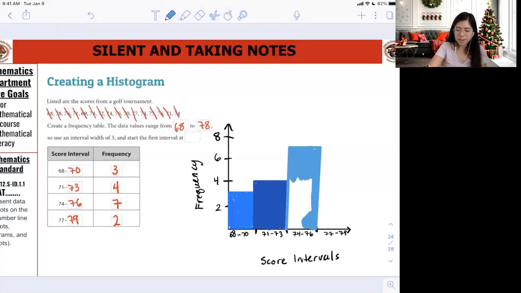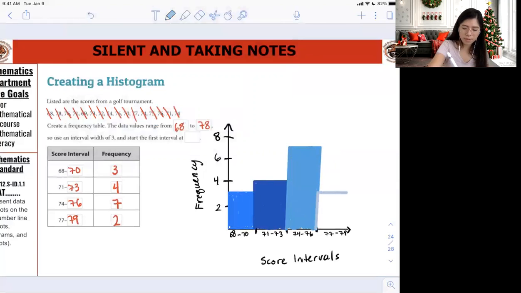You would basically already have everything for you, and all you have to do is drag the bar a little higher or a little lower depending on where it needs to be. But if you're doing it by hand, then you would have to just be diligent to make sure it looks nice.